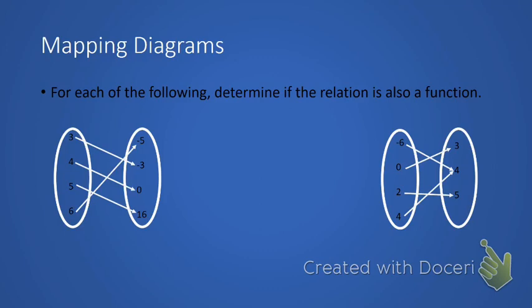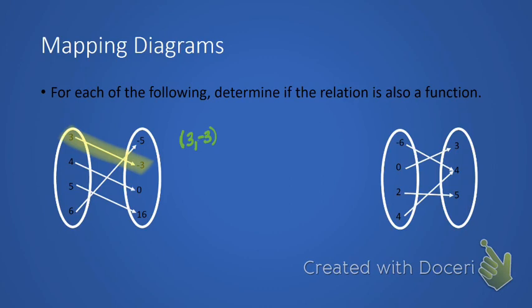And if you look at this point right here, that's the point 3, -3. From the x value, you draw an arrow to the y value, and that makes the ordered pair 3, -3. So that's how you read these if you've never seen them before.